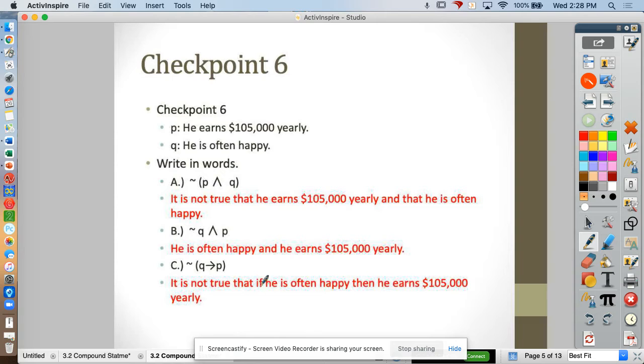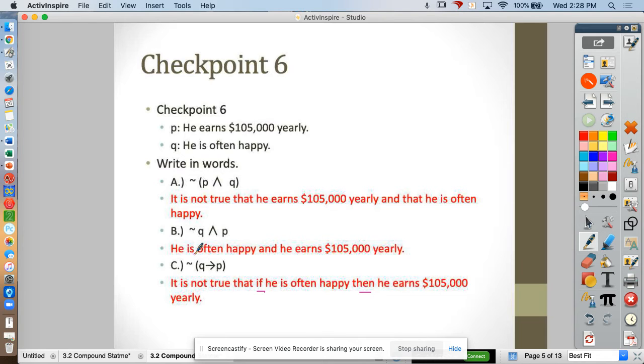So it says that if he is not happy, then he earns $105,000 yearly. We still said it's not true for the whole thing, and then we wrote the if-then statement. And then B simply is negating just the Q part. So it says he is often happy, and he earns $105,000 yearly.